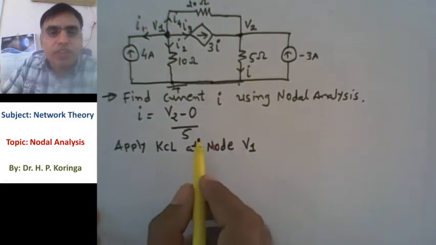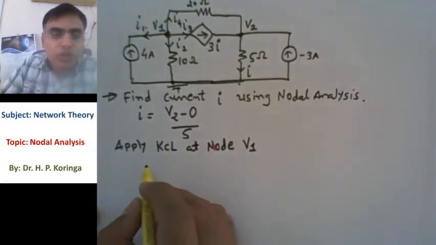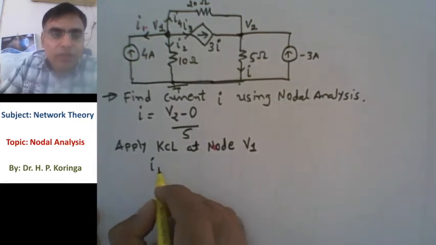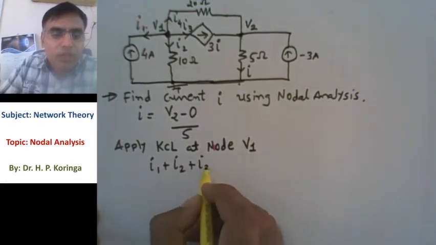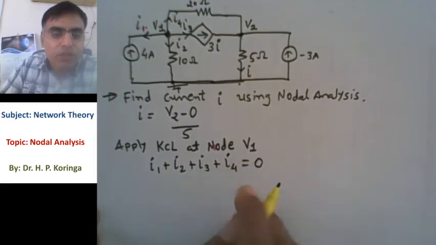So KCL at node V1: I1 plus I2 plus I3 plus I4 is equal to 0.